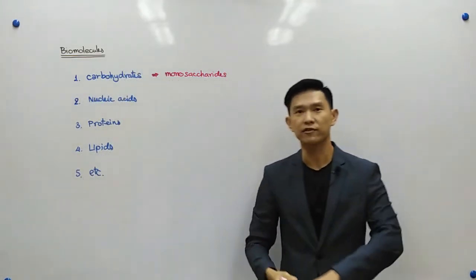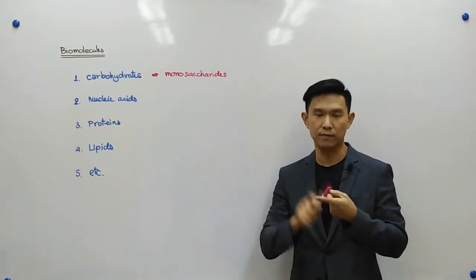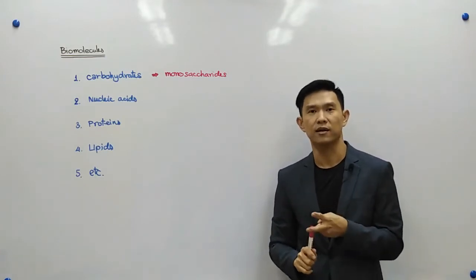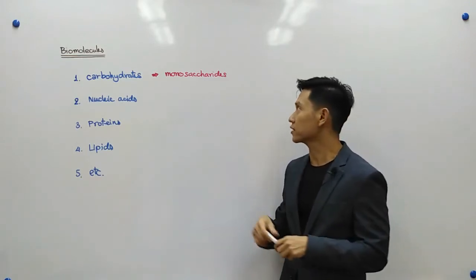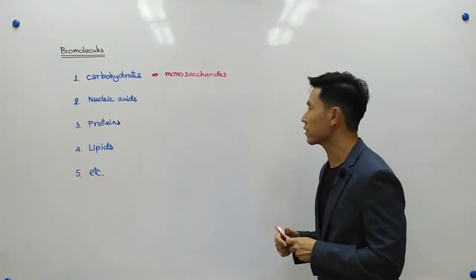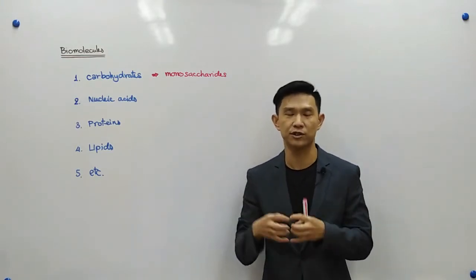So we have many kinds of monosaccharides, for example ribose sugar, glucose sugar, or galactose sugar, things like that. That's the monosaccharide.